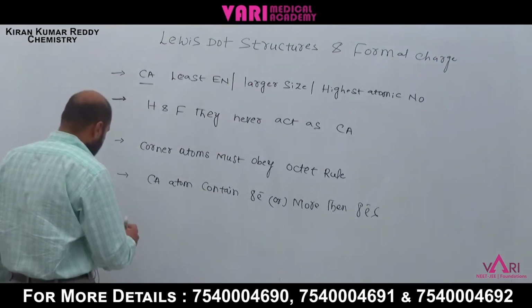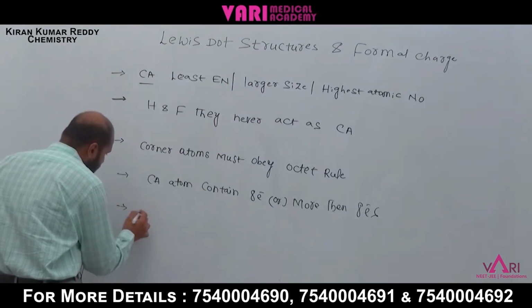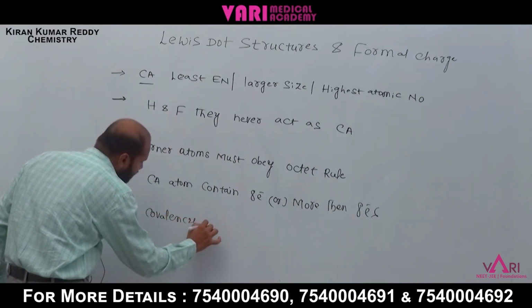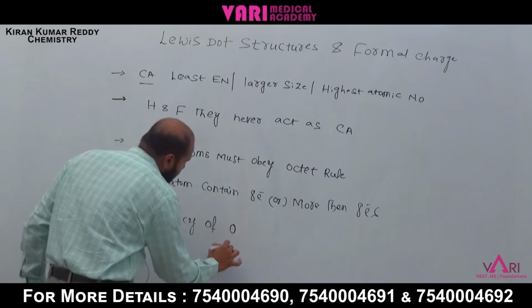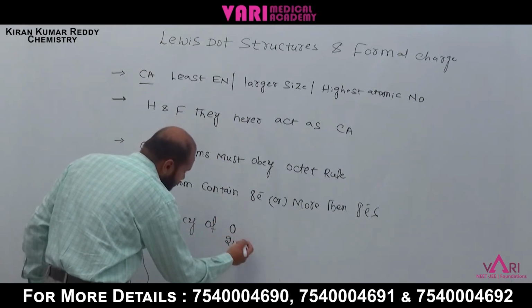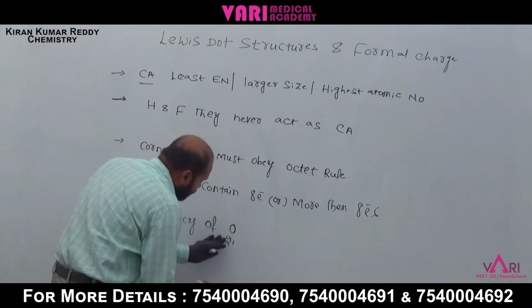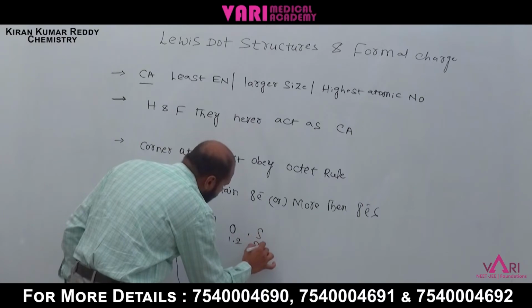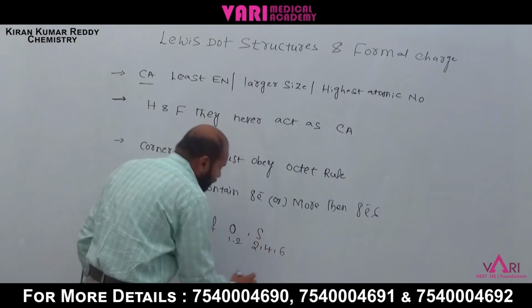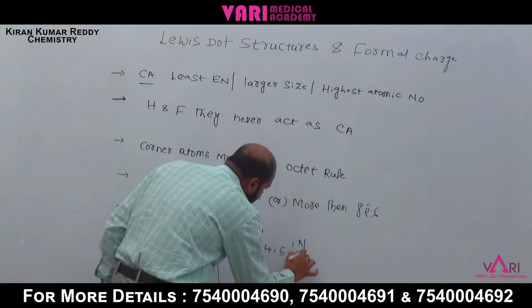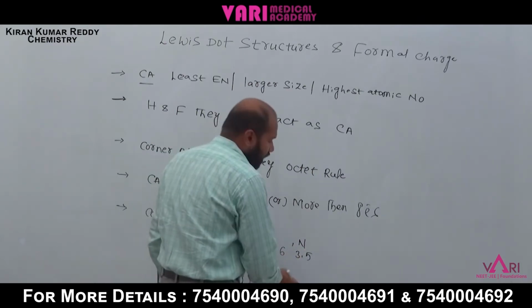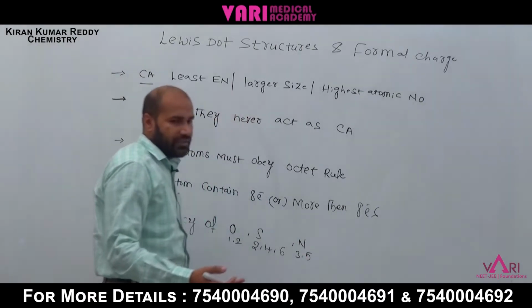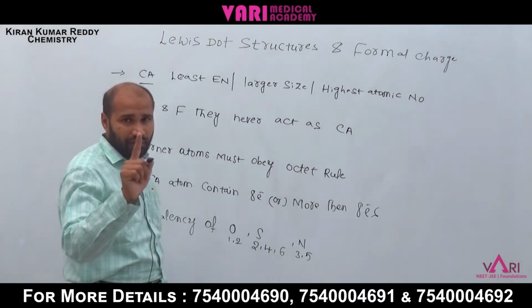And next one is covalency. Covalency of oxygen is 1, 2, and sulfur 2, 4, 6. If you take nitrogen, 3, 5, means 3 bonds and 1 lone pair; a lone pair contains 2 electrons.